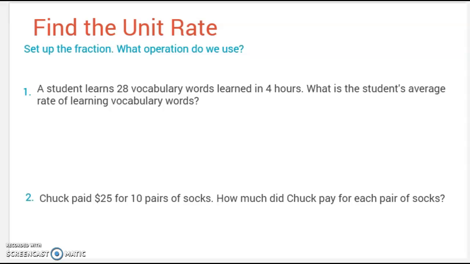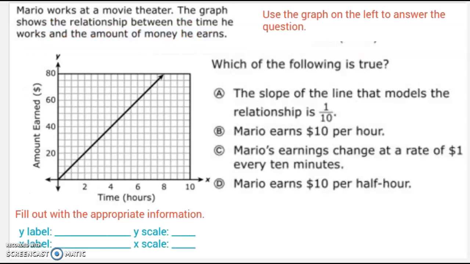And then you can go and complete the rest of the slides and submit. On this slide, please be careful or notice that I did put the Y scale because I do want you to take your time and see what your scale is counting by, okay?